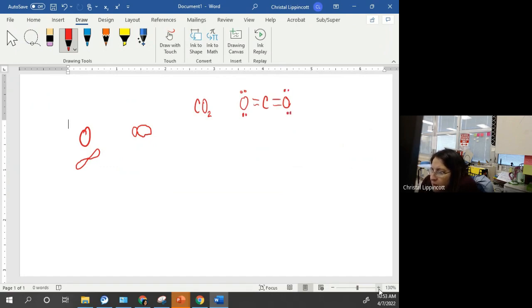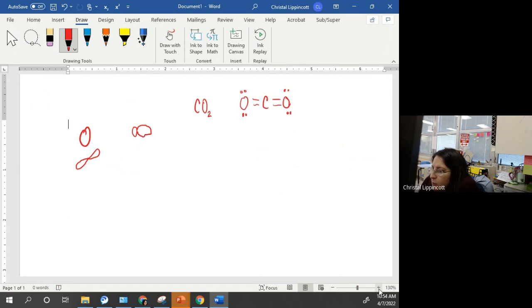When we're doing this, remember, we're trying to get the lowest formal charge possible. We talked about formal charge. Remember, formal charge is should minus has. Oxygen should have how many valence electrons? 6 valence electrons. It has 1, 2.